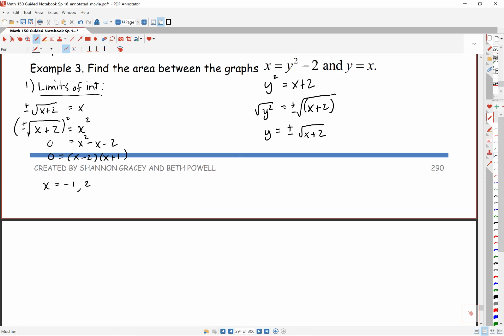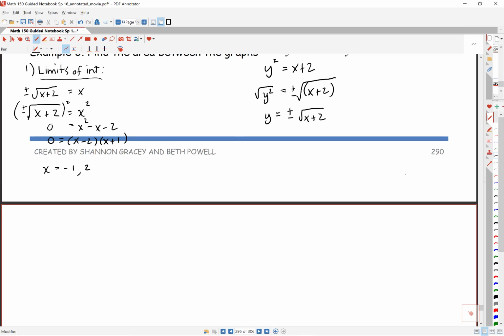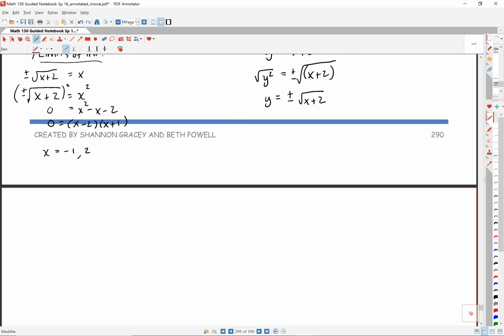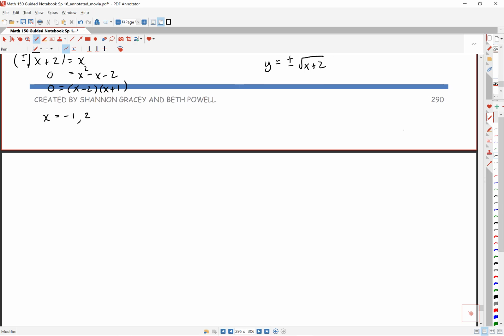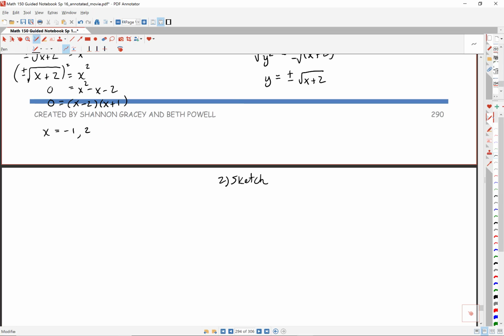So now let's check out what we have. So x is going from negative 1 to 2. So we definitely need a sketch here. So we'll do our sketch. And I think the y values are going to be fairly low. So our x values are, we're going to have negative 1 to 2.